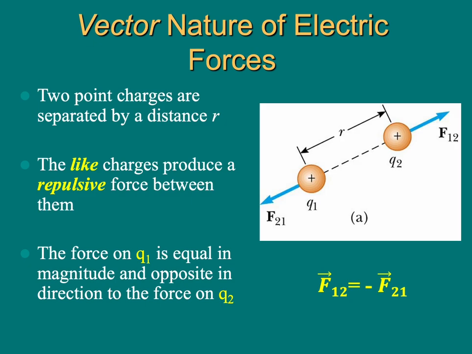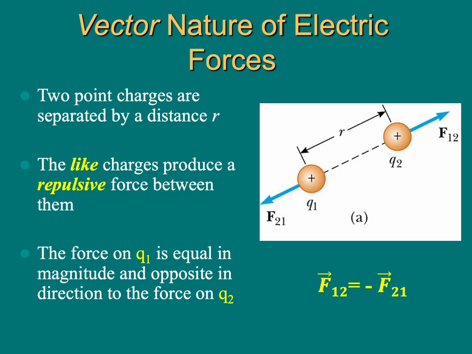There is an action-reaction pair of forces. This is a perfect example: the force from Q1 on Q2 and the force from Q2 on Q1 are a Newton's third law pair. If they are an action-reaction pair, they have the same magnitude and opposite direction. This is why they mutually repel each other away.